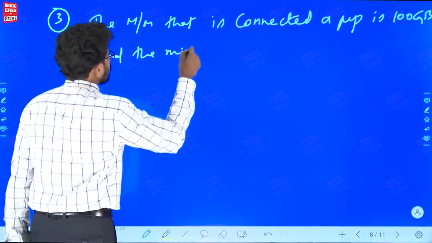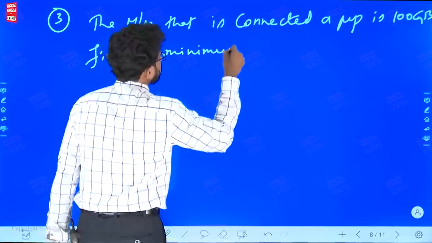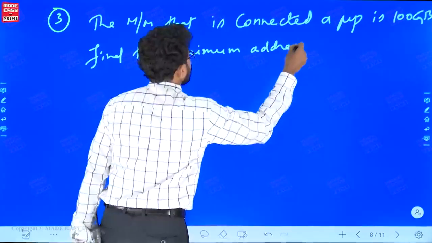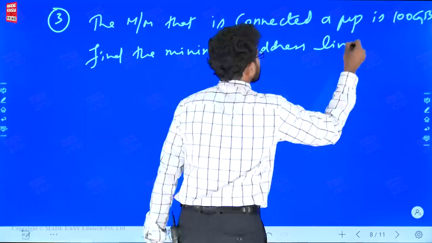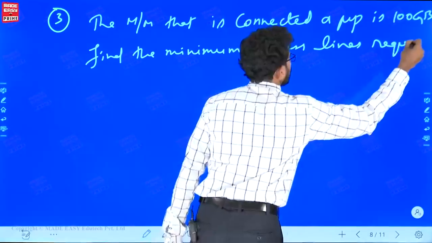Find the minimum address lines required.